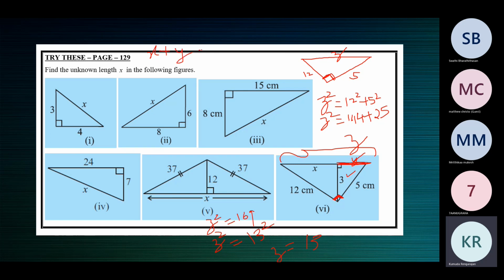Do we agree that? This one alone is X. See here children, this is X. X plus Y is equal to Z. Yes or no?